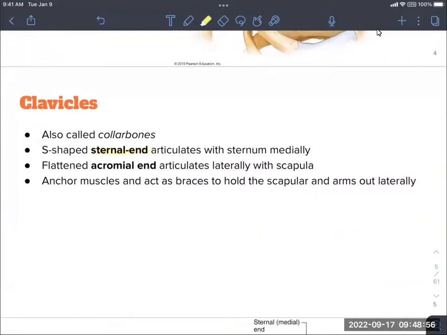And it has kind of a flattened part at the other end of this S-shaped bone called the acromial end, because it articulates with the acromial process of the scapula. These all anchor muscles, they hold muscles together. They also help keep your scapula attached to your back and your clavicle attached to the front part of your body.